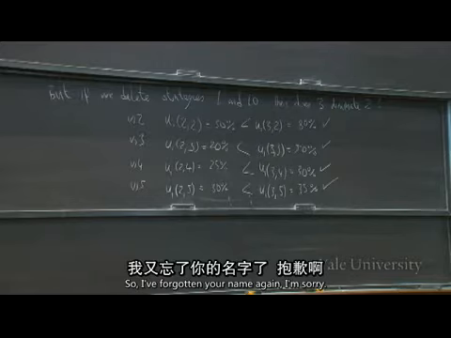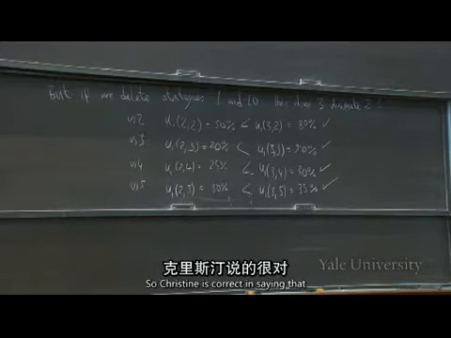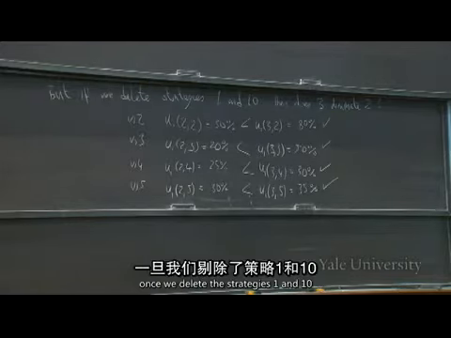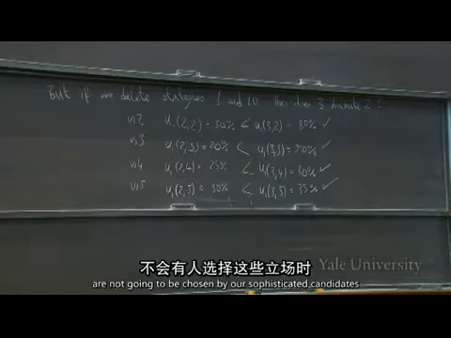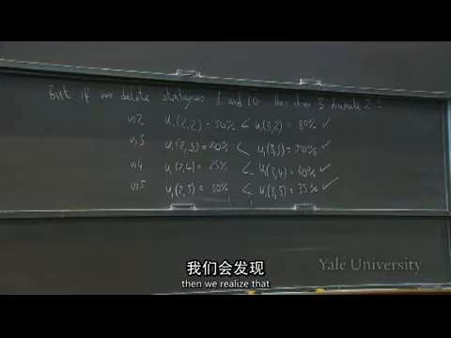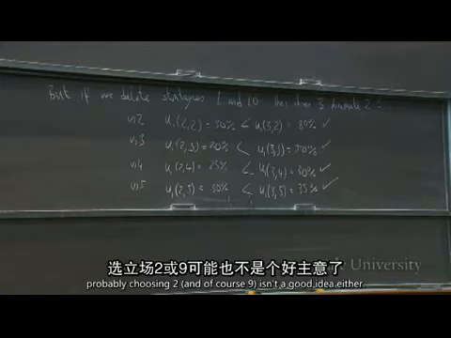I've forgotten your name again, I'm sorry. So Christine is correct in saying that once we delete the strategies 1 and 10, once we realize that those positions are not going to be chosen by our sophisticated candidates, then we realize that choosing 2 and, of course, 9 isn't a good idea either.